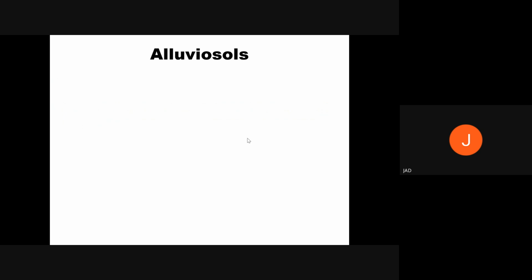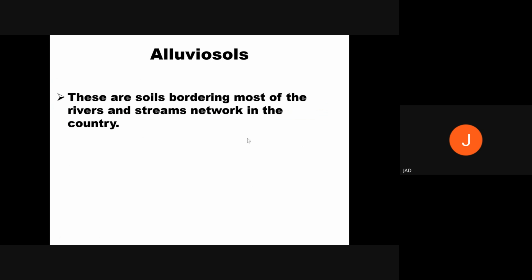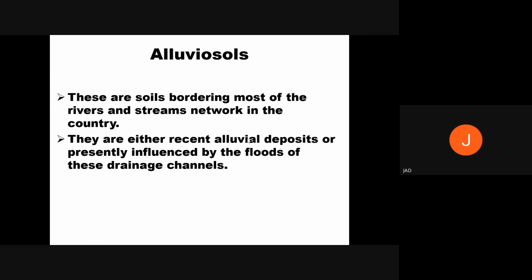Then this one, alluvial soils. First, they are normally found where you have streams. They are soils bordering most of the rivers and stream networks in the country. They are recent alluvial deposits or presently influenced by floods of this drainage, which we get in Sawam, along the Densu banks. That type of soil supports a lot of sugarcane production. And now, because of climate change, you really see that the Densu floods its banks.